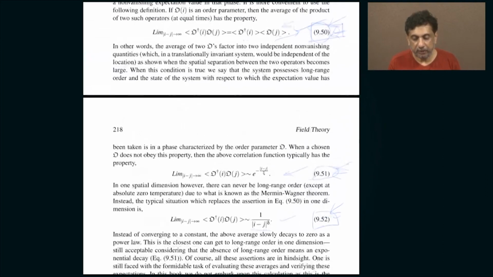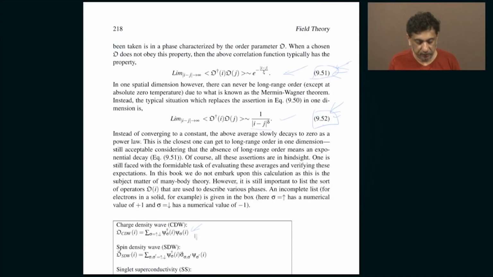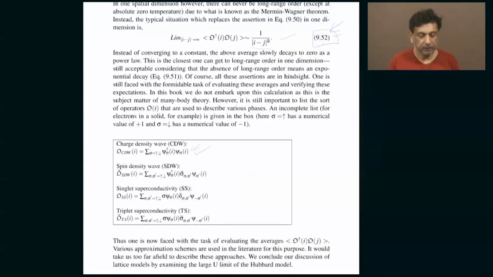That would be the case if 9.50 is verified using this construction. Physically, it means that the electrons have decided to spatially order themselves. That means there is some spatial periodicity, for example, in the density of the electrons. That is why it is called a charge density wave.